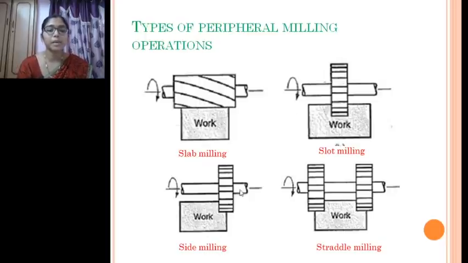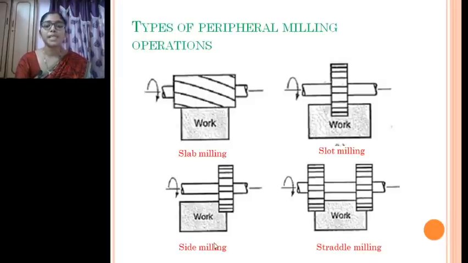If the tool used for machining is on one edge, we call it a side milling operation. If both sides are machined by using two cutters, then we call it a straddle milling operation.